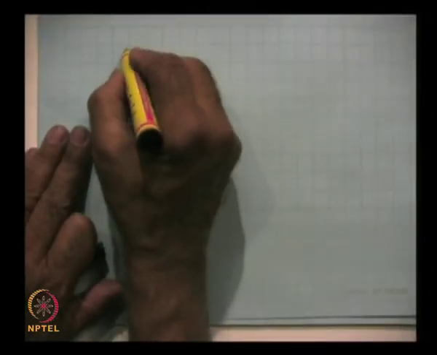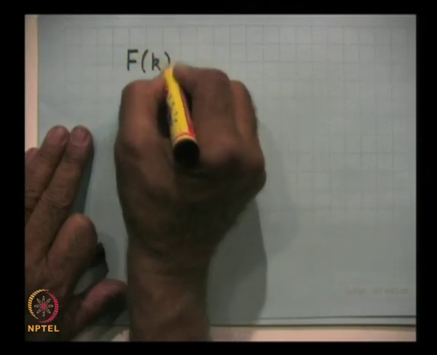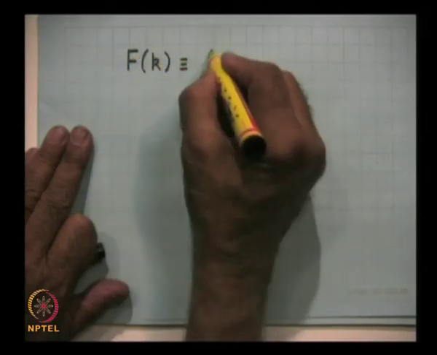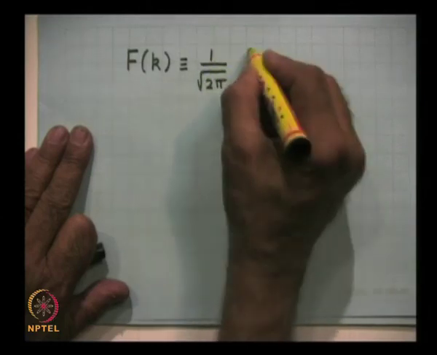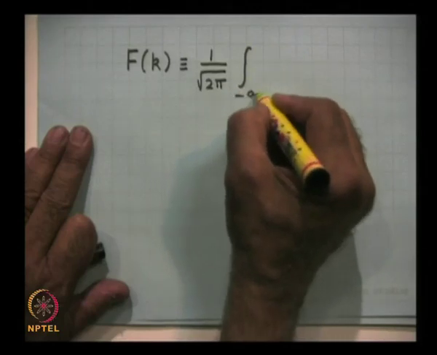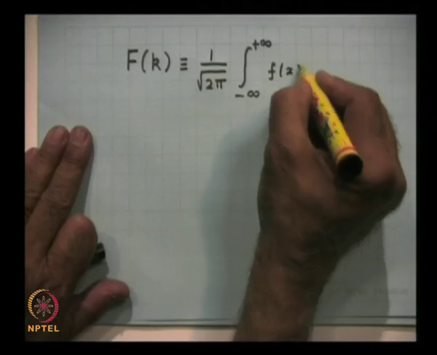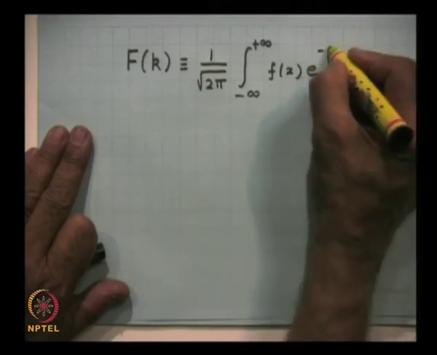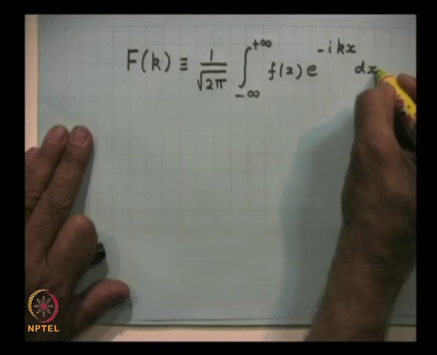So, therefore, I can write down, please see this, I define a function f of k which is defined to be equal to 1 over root 2 pi, integral from minus infinity to plus infinity, f of x e to the power of minus i k x dx.